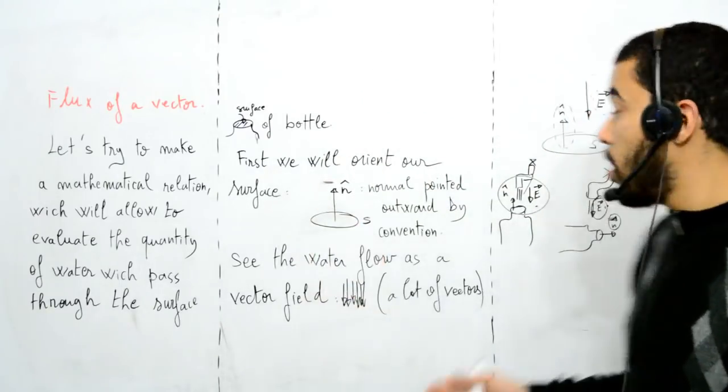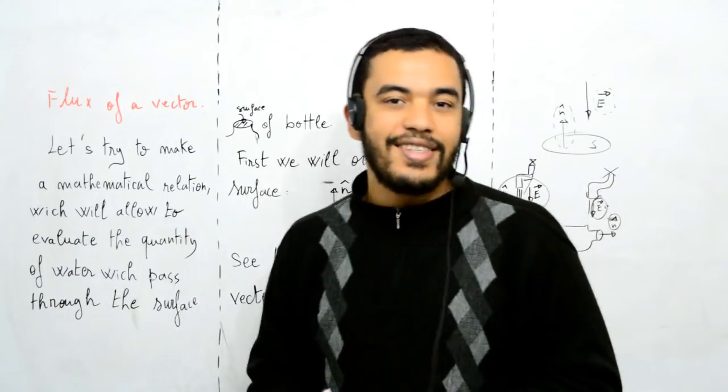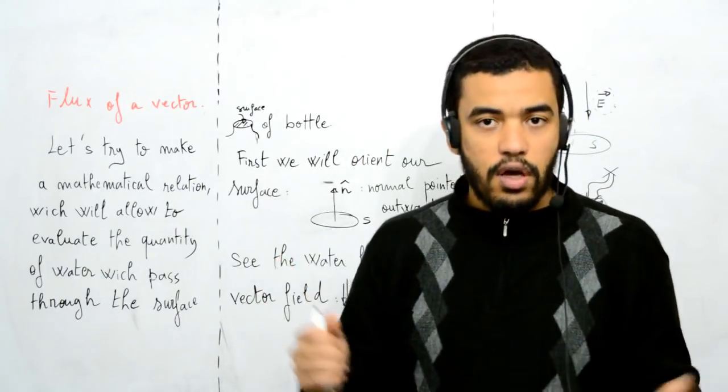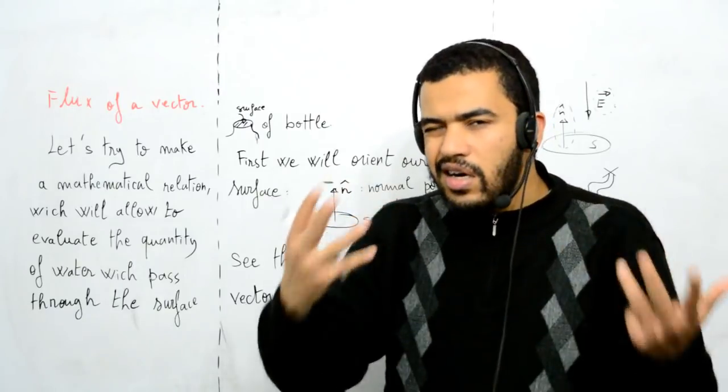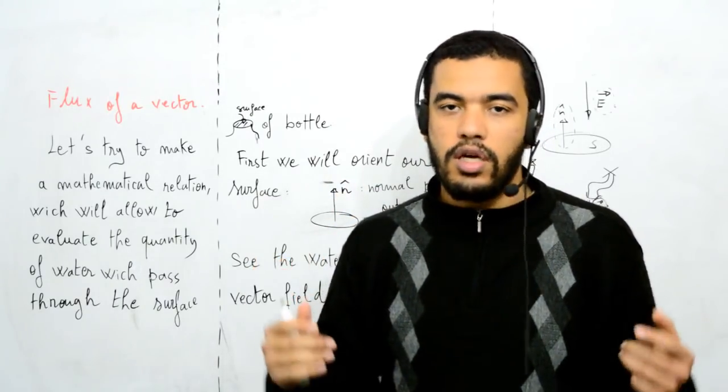We see here one of the properties of the dot product. So the flux is a result of a certain scalar product.